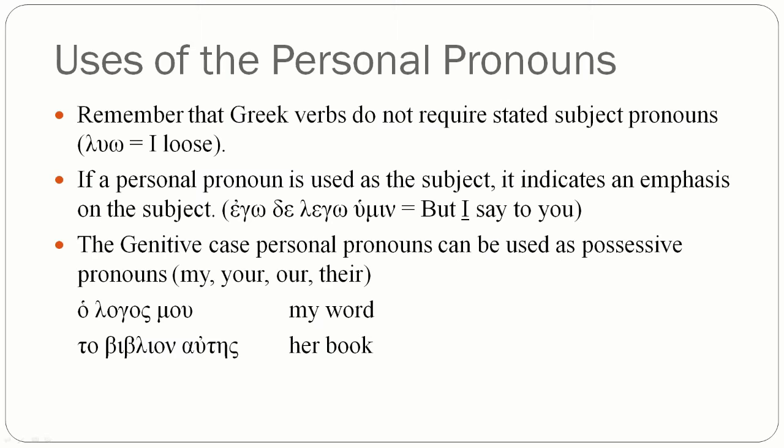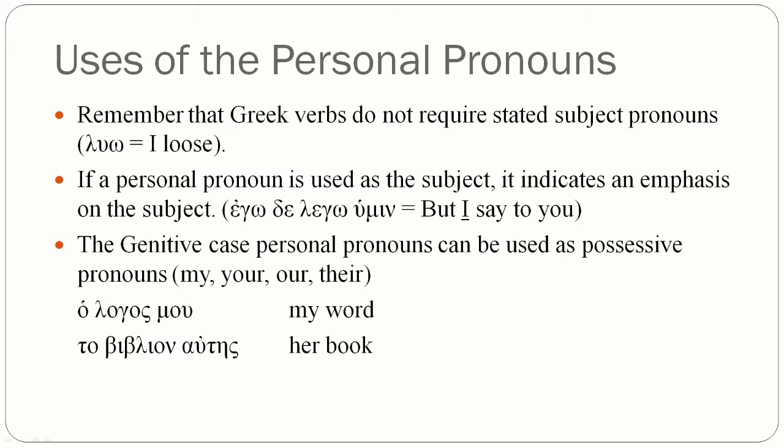But if you put the ego there, that is the actual Greek word for I. And so the presence of ego there means that there's an emphasis on this I. So, but I say to you. The idea would be something like, if Jesus is saying this, he's meaning that I am saying this, I and nobody else. Jesus is taking full responsibility for saying this thing.